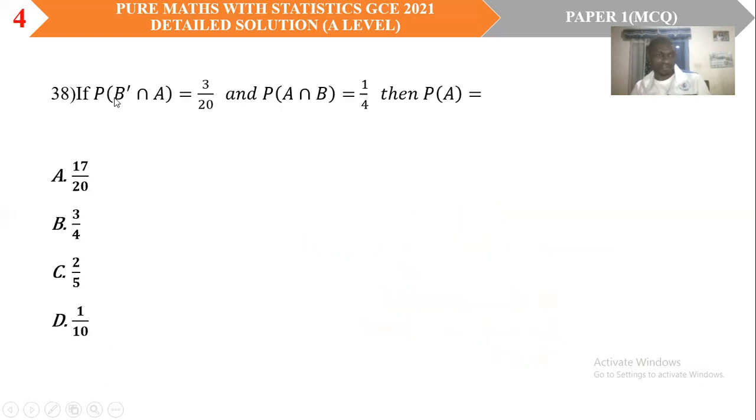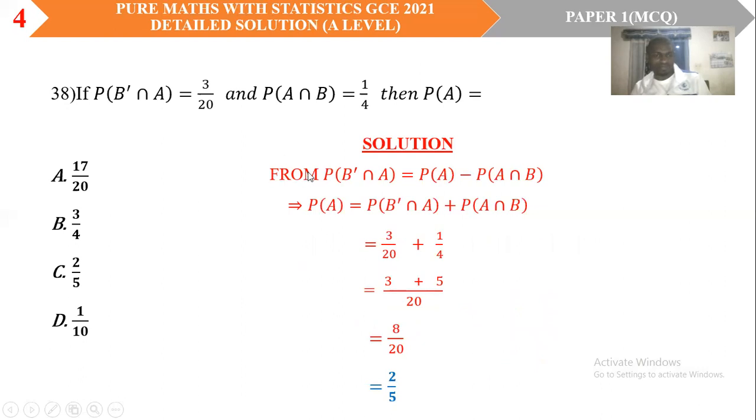Question 38. If the probability of B prime intersection A is equal to 3/20, and the probability of A intersection B is equal to 1/4, then the probability of A is.